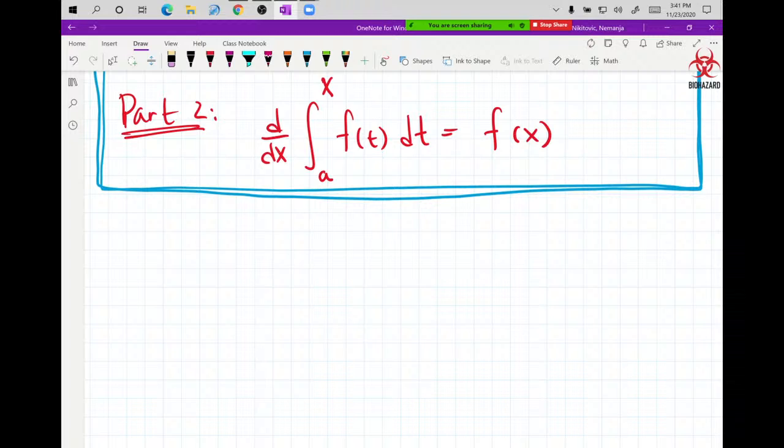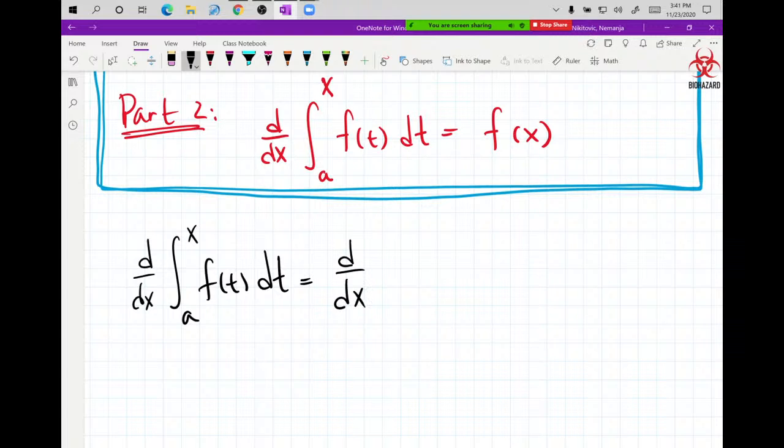It's the same function, which means that integrals and derivatives cancel each other out. And that is the biggest takeaway from what we are learning today. So if you take this calculation and carry it out, which is technically the proof for this, when you integrate f of t dt, you will get capital F of t computed from a to x.